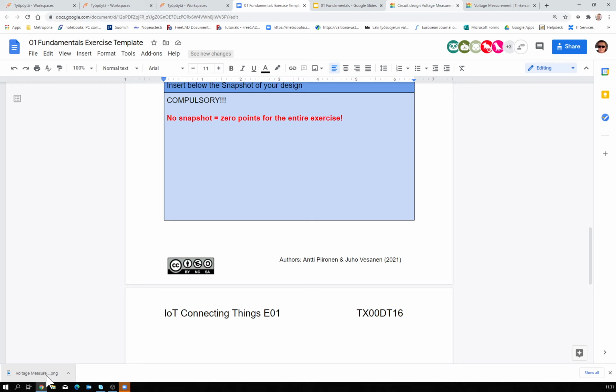The other one, of course, is the snipping tool, Windows Shift S. Then you can take a snapshot of any part of any window.